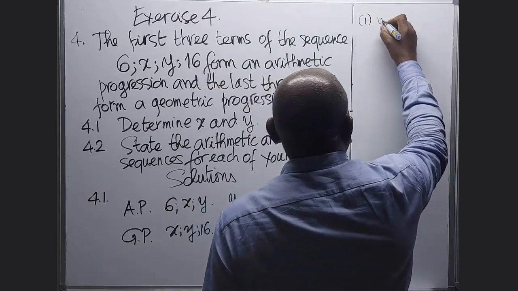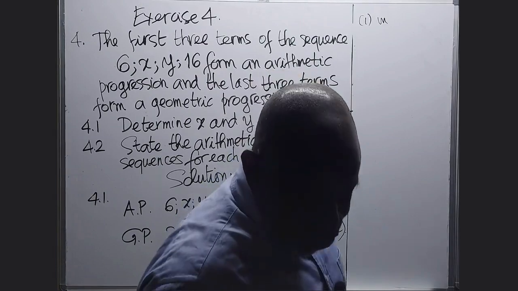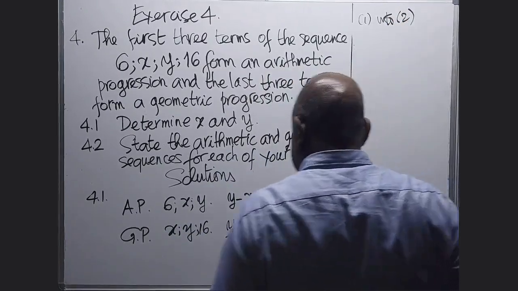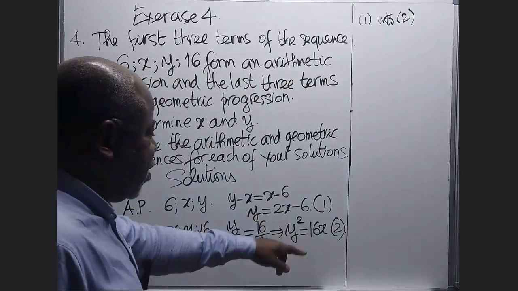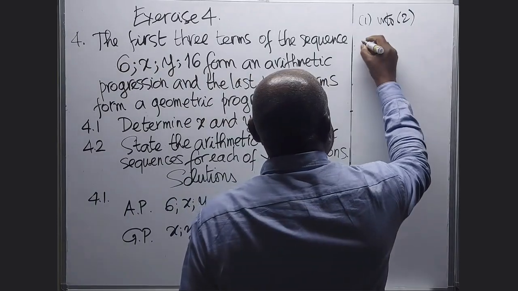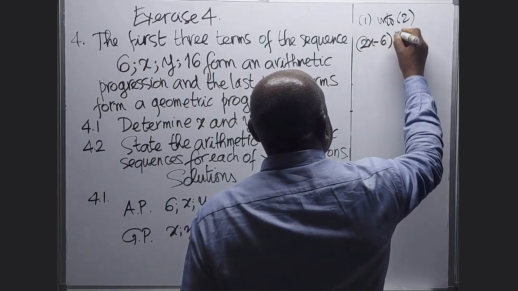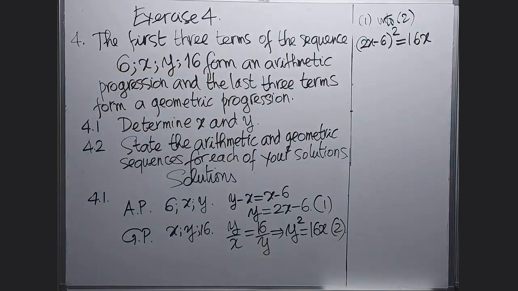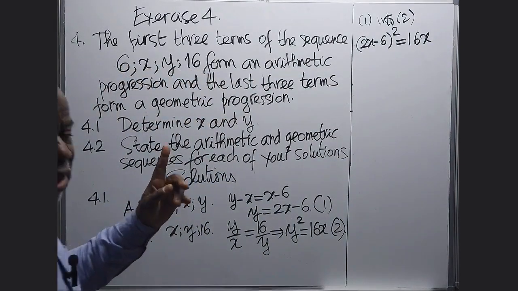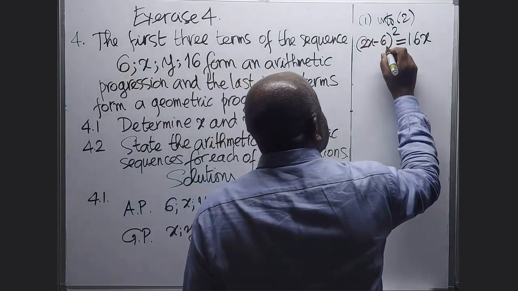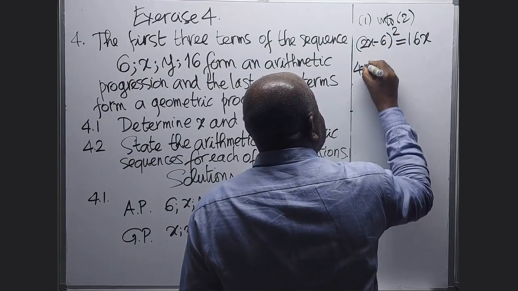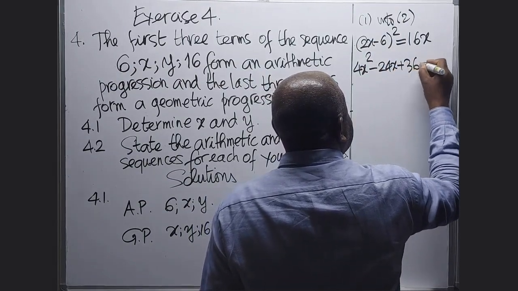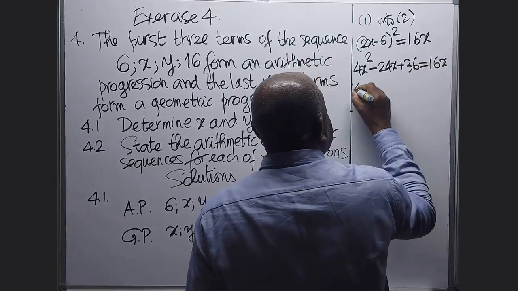Y is equal to 2x minus 6, so y squared gives us 2x minus 6 squared equal to 16x. We practically have a quadratic equation. Let's square this: 4x squared minus 24x plus 36 is equal to 16x.